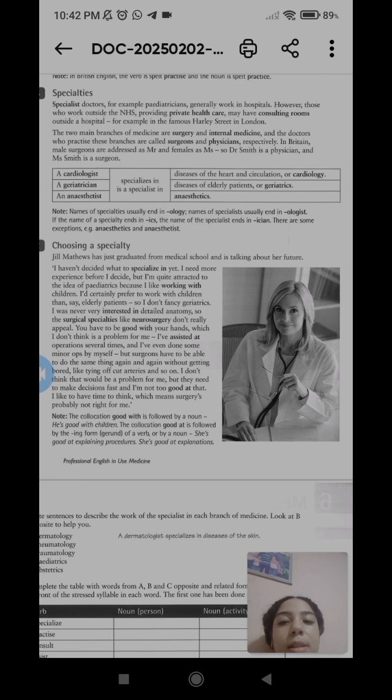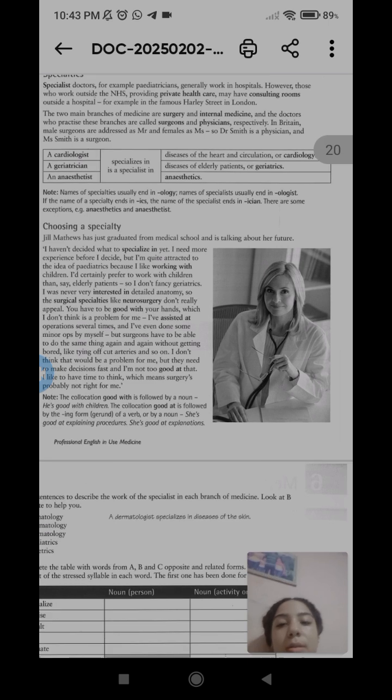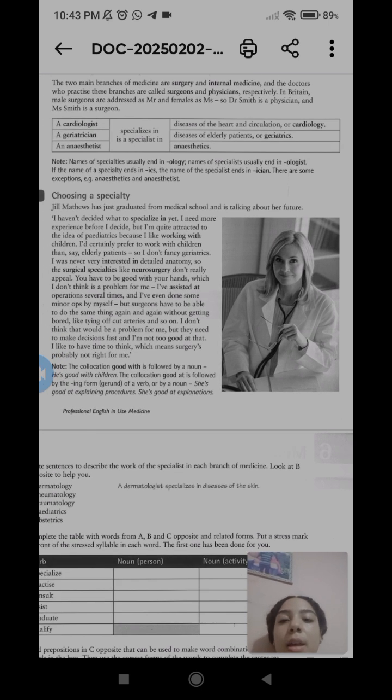Notably, in Britain, male surgeons are addressed as Mr, and female surgeons as Miss or Ms. So Dr Smith is a physician, and Mr Mix is a surgeon.